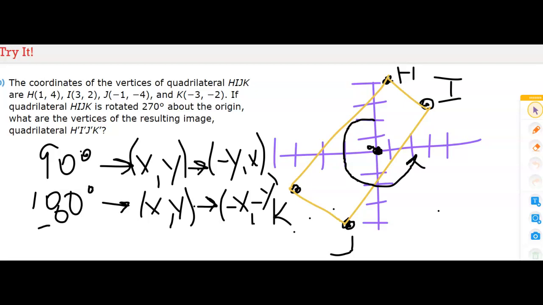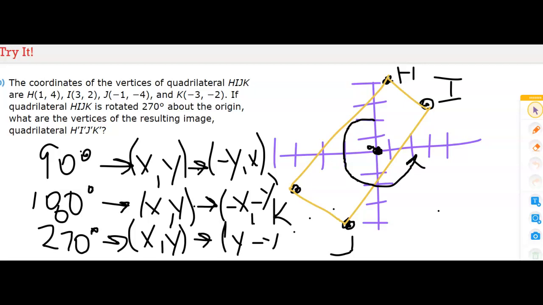And if it's 270 degrees, then (x, y) would become (y, -x). So with the rule, we would be looking at the one that says 270 degrees.